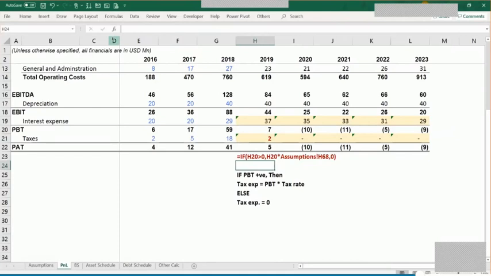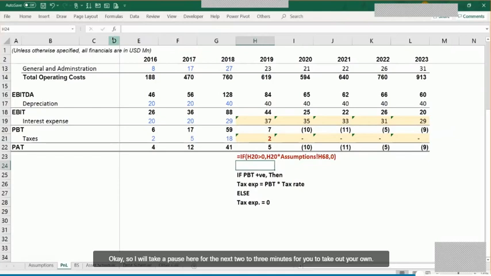Okay, so I will take a pause here for the next 2 to 3 minutes for you to take out your own time, complete the P&L, and then only we'll move forward to the last sheet of the day, which is to compute the shareholders' equity. Right?